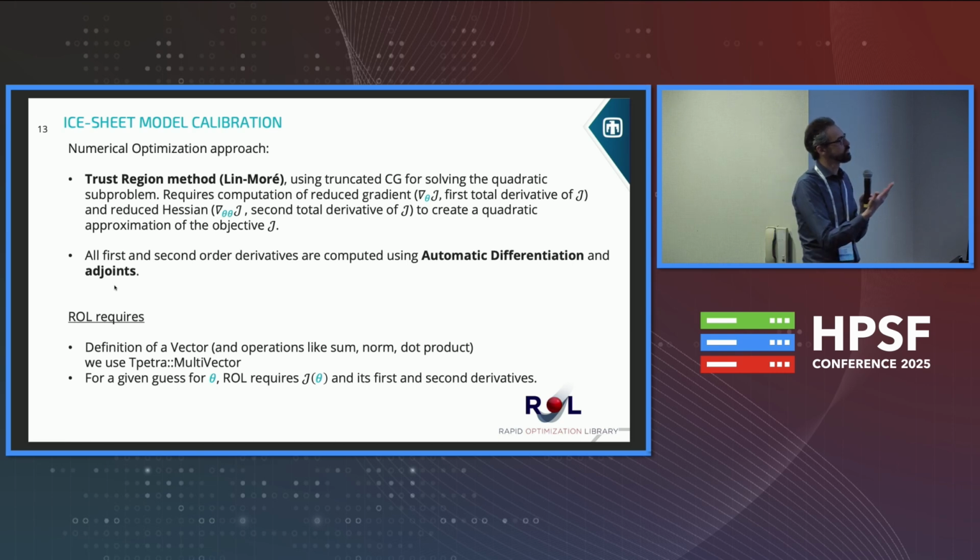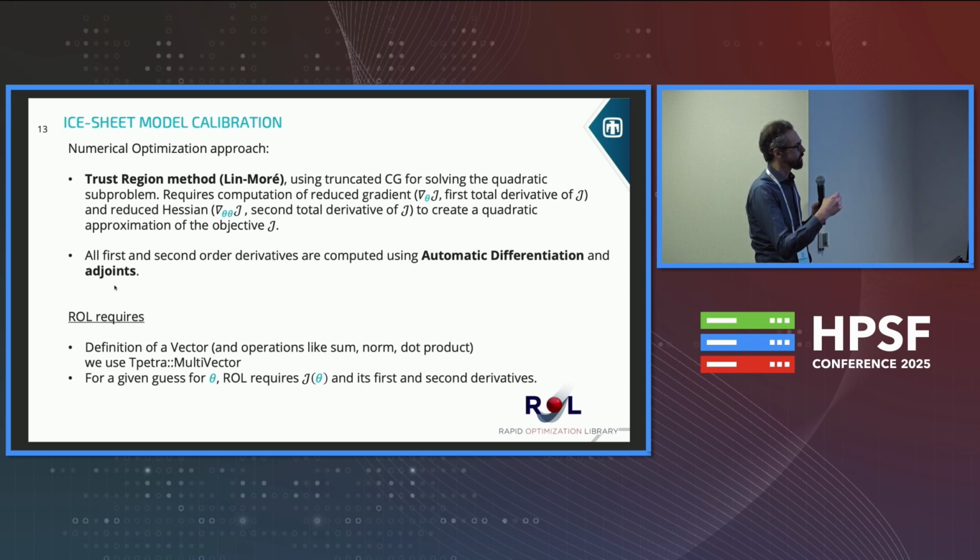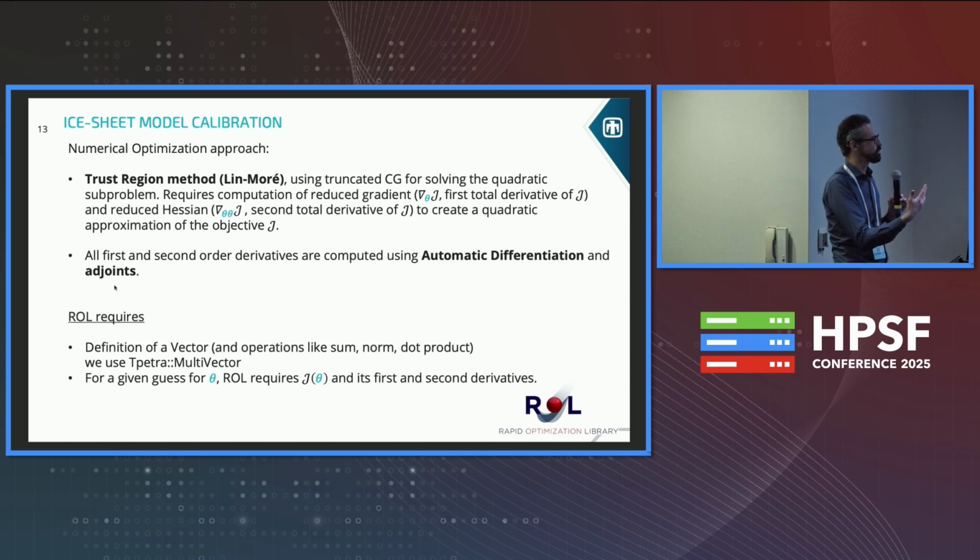And in order to solve with these kinds of methods, you typically need derivatives, gradients of your function, but also the Hessian, the reduced Hessian. And the way we compute these, and I'll show it in a second, is with automatic differentiation and also adjoints. In particular, it's fairly easy to use ROL in your application.